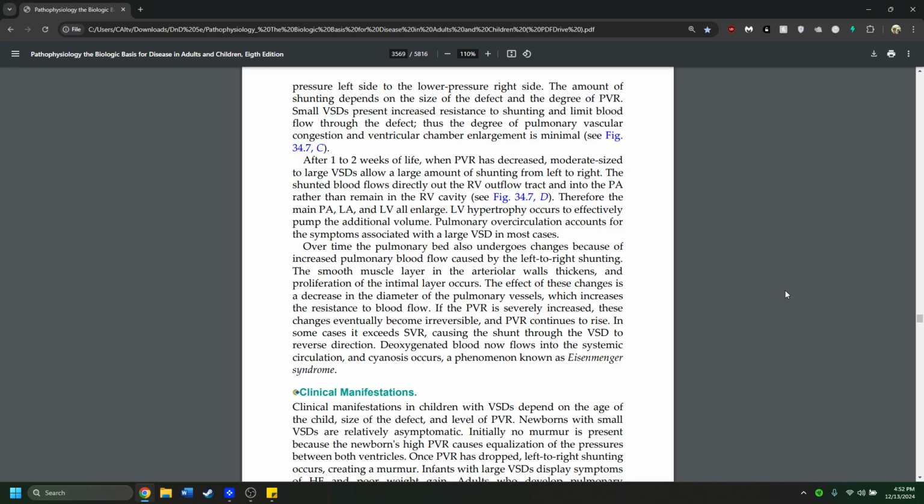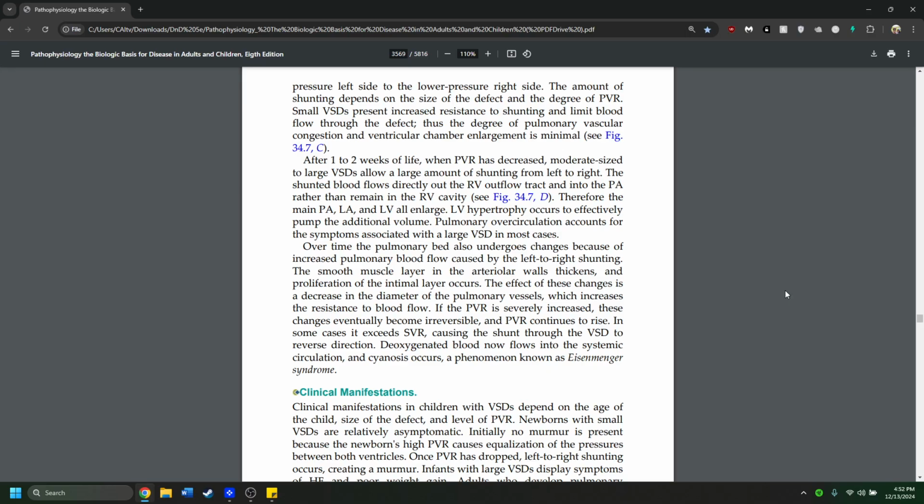Therefore, the main pulmonary artery, left atrium, and left ventricle all enlarge. Left ventricular hypertrophy occurs to effectively pump the additional volume. Pulmonary overcirculation accounts for the symptoms associated with large VSD in most cases.